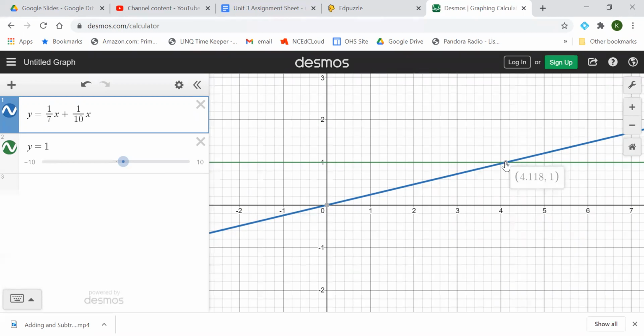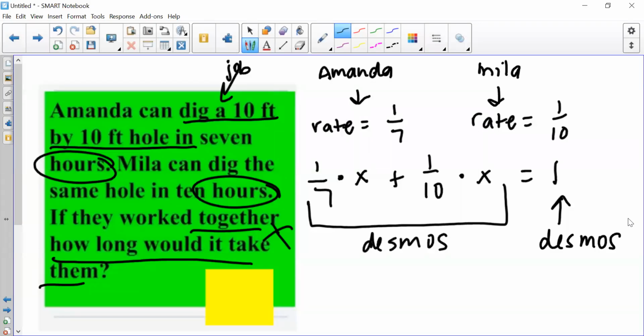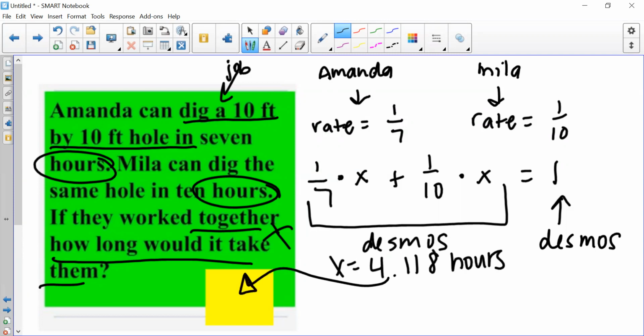So 4.118 is going to be our answer. So if they work together, because that's what we were solving for, time together, it would take them 4.118 hours. Okay, so that's going to be our final answer.